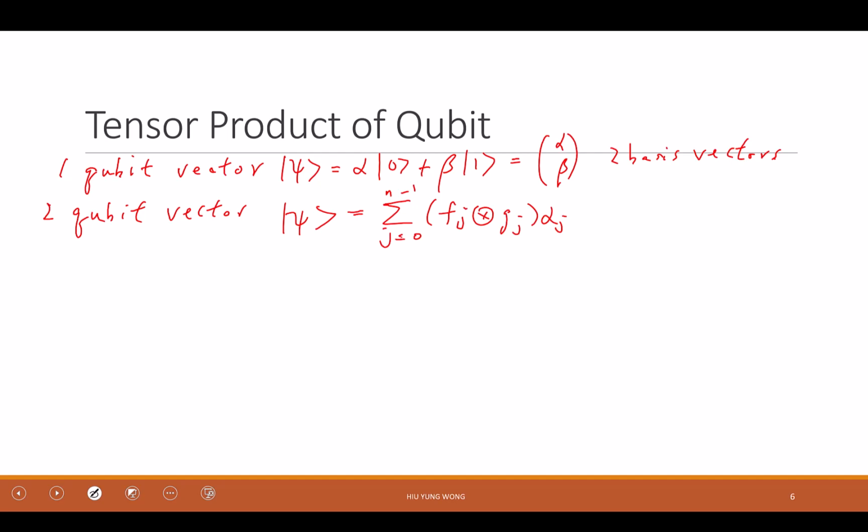Remember this? In the 2 qubit states, it can be expressed as the combination of the lower one. But here, of course, n equal to 2, right? So I only have F0 tensor product G0.